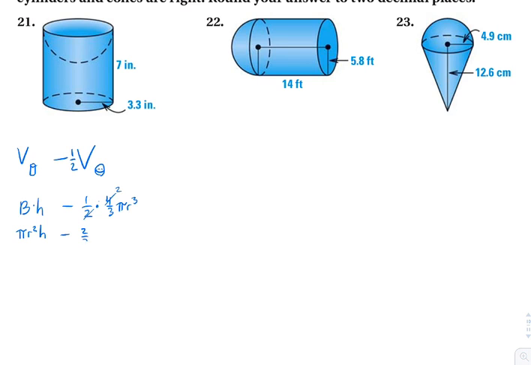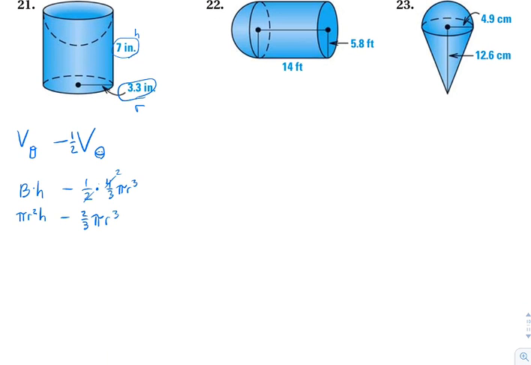So that's 2/3 pi r to the third. Now just plugging in, I know that my radius is 3.3 and my height is 7. And so I've got pi 3.3 squared times 7 minus 2/3 pi 3.3 squared.